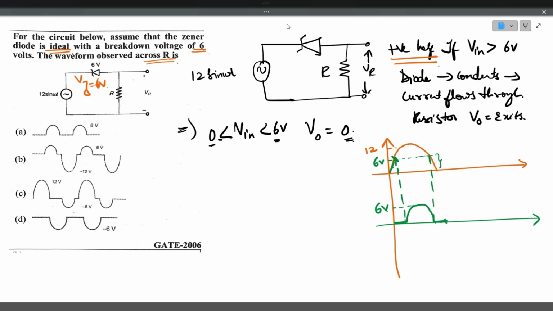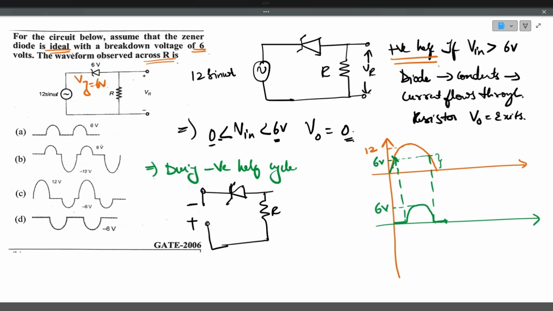During the negative half cycle, what happens? The diode is in forward biased mode. Negative half cycle means it will be like this. So current flows in this direction, and the voltage drop across the diode is 0 because it is an ideal diode.